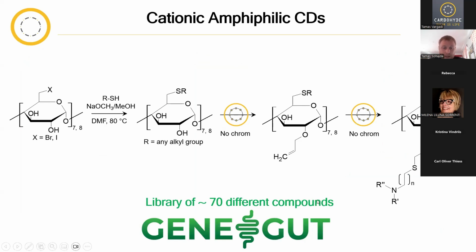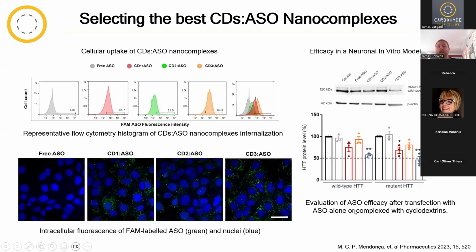And as I said, it was done in the GeneGut consortium, not going into the details of the synthesis, rather showing some results of the cyclodextrins. Here we tried to deliver an antisense oligonucleotide, and as you can see, the naked antisense oligonucleotide couldn't get into the cells, and we compared three different types of cyclodextrins to show how much of the cargo they can deliver into different cells.